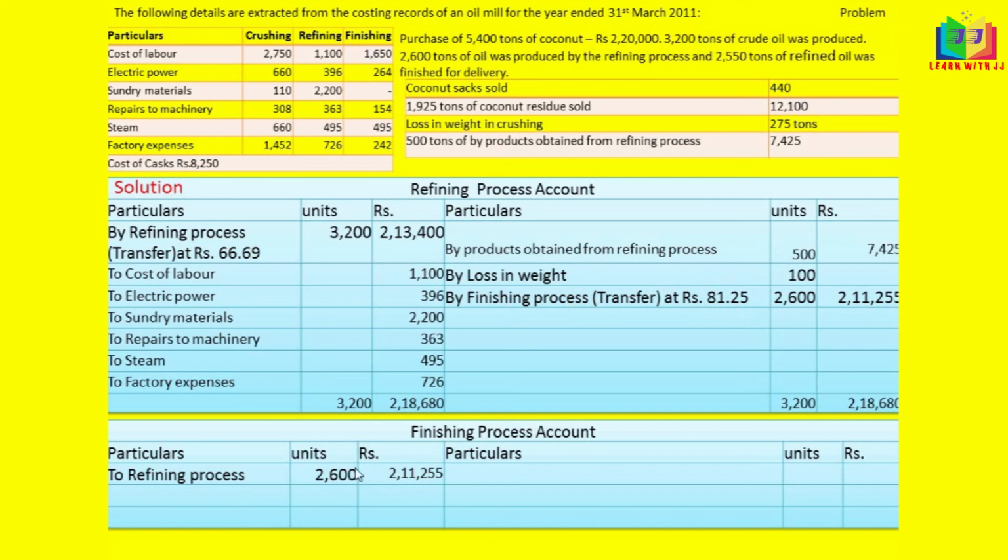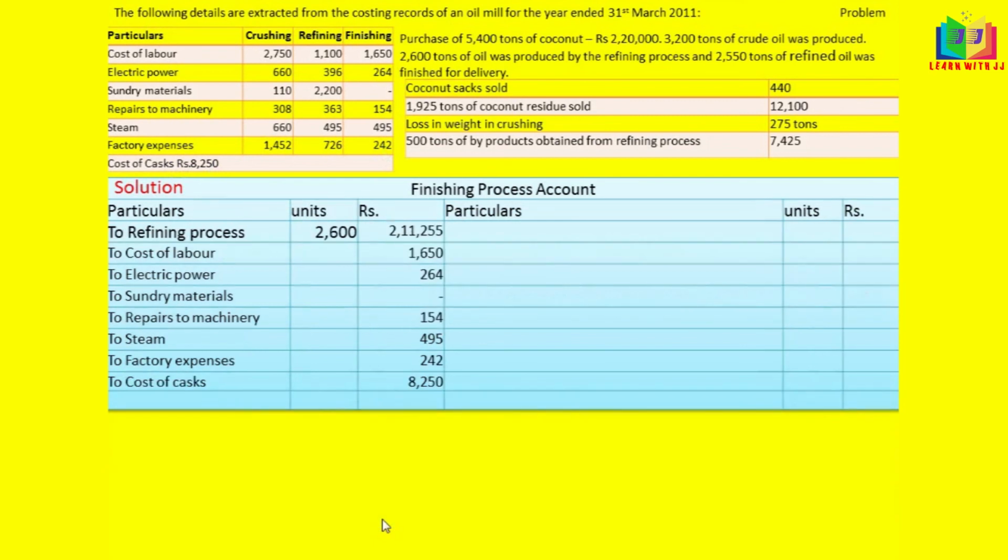In the finishing process, we write all these expenses and also the cost of cask, rupees 8,250. The output of this process is 2,550 tons of refined oil finished for delivery.